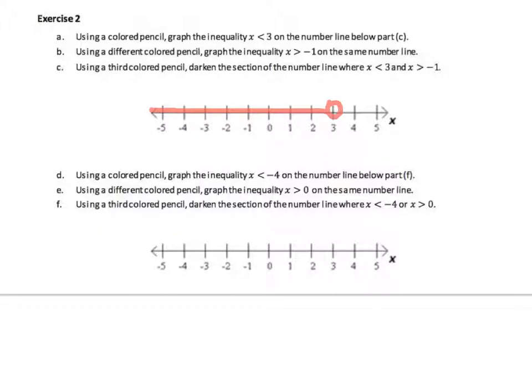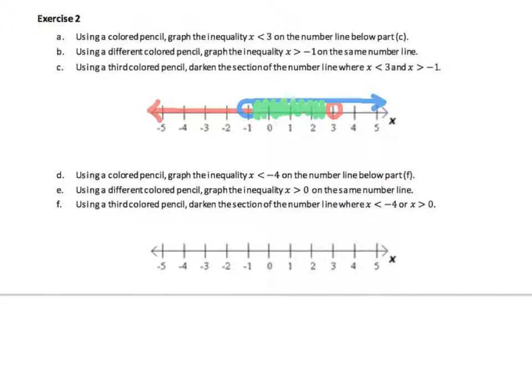Using a different colored pencil, graph the inequality x is greater than -1 on the same number line. Using a third colored pencil, darken the section of the number line where they overlap, is what it's saying. Beautiful. Okay, let's go again.